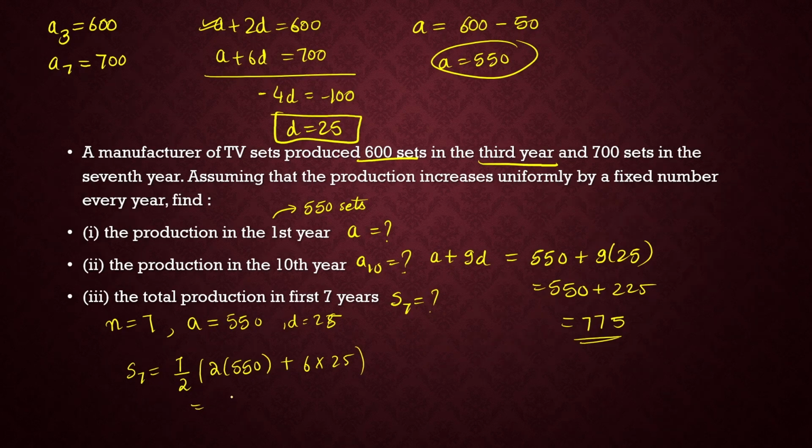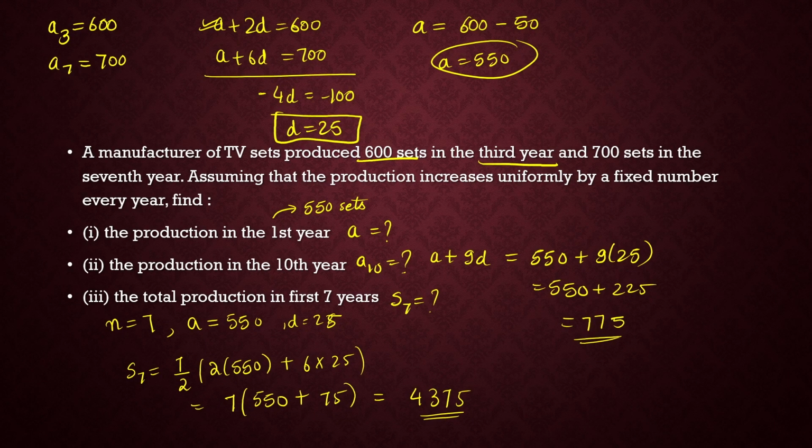So that's equal to 7 into 550 plus 3 into 25, 75. That is equal to 550 plus 75, 625 into 7, which becomes equal to 4375. So totally 4375 sets were produced in the first 7 years together.